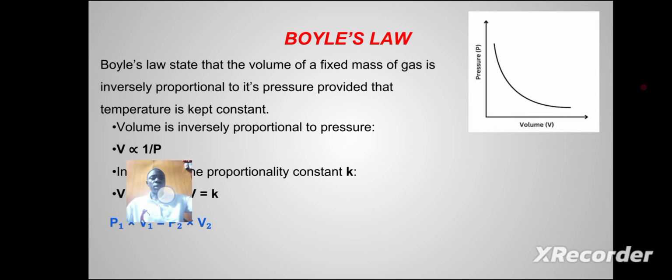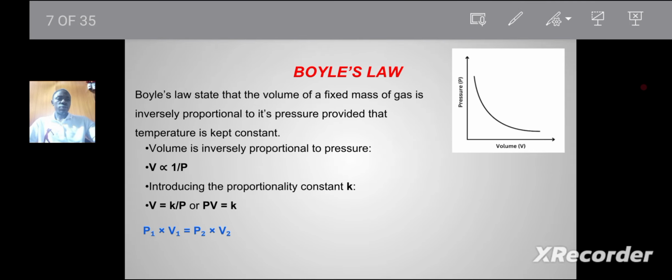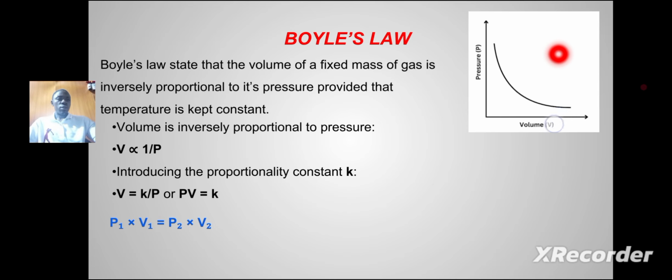So mathematically, Boyle's law can be represented with an inverse graph as shown on the screen. When pressure is plotted on the vertical axis and volume on the horizontal axis, you get an inverse graph.